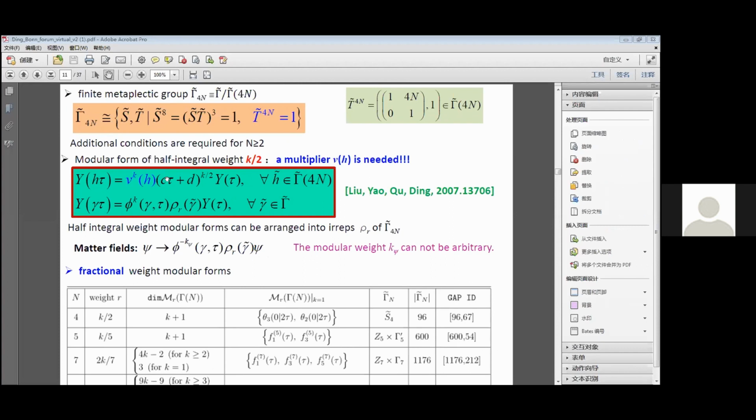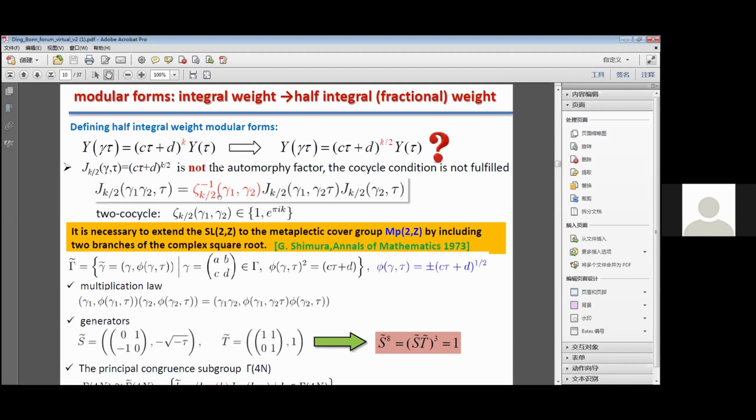Then, if we still confine ourselves to SL2Z, you can derive that the modular form would be a projective representation of the finite modular group, not a linear representation, because of this factor psi. So after we extend SL2Z to MP2Z, the modular form is a projective representation of SL2Z, or of the finite modular group.